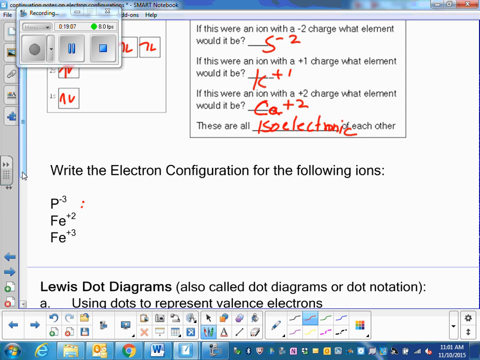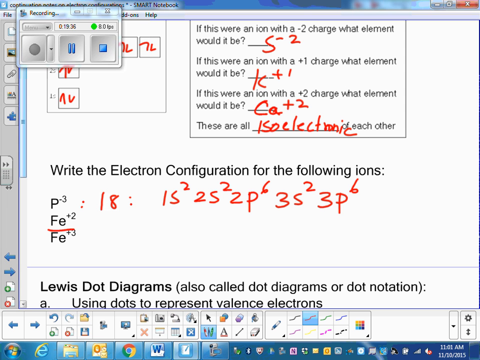Phosphorus -3 has 18. So its electron configuration is going to be 1s2, 2s2, 2p6, 3s2, 3p6. Because it's phosphorus, it doesn't end in 3p3. It actually ends in 3p6 because it has gained 3 electrons. Do we understand this?